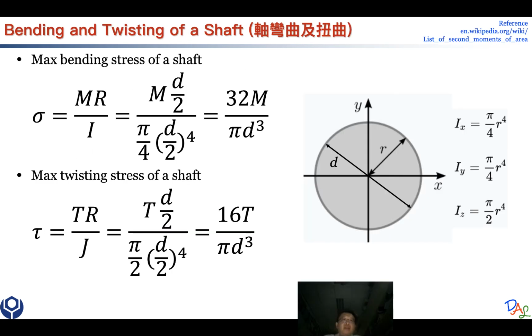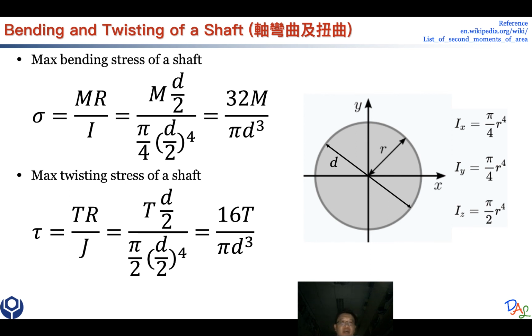Okay, now let's put those equations together and see what we have. Most of the time, we are analyzing a shaft, basically a cylinder. So what will happen if we are analyzing a shaft?